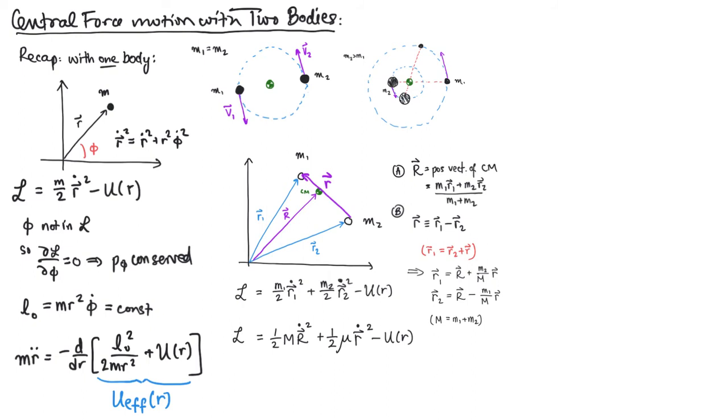So we have this new term mu that we should define. It's called the reduced mass. Okay, and it is defined to be the product of the masses over the sum of the masses.